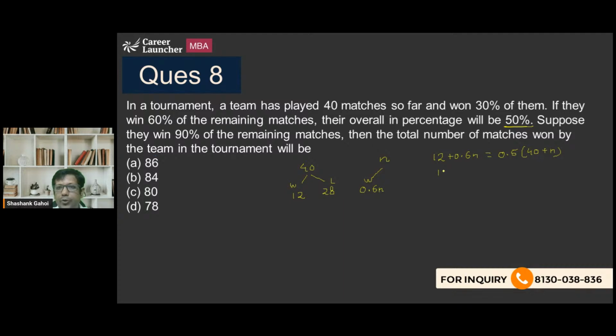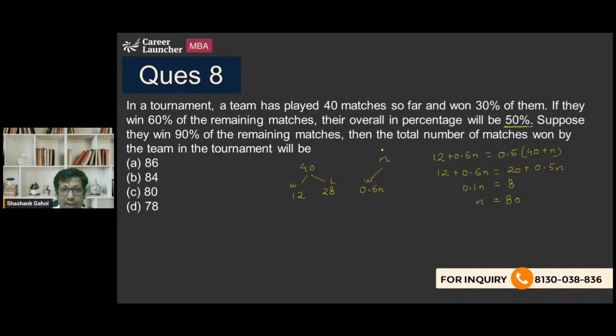So from here, I am going to get 12 plus 0.6n equal to 20 plus 0.5n. So from here, I am going to get 0.1n equal to 8. So n comes out to be 80.